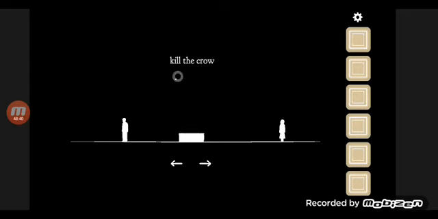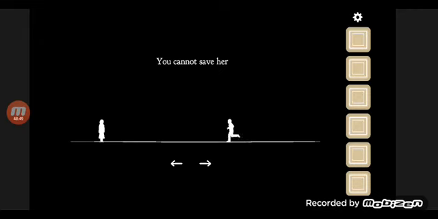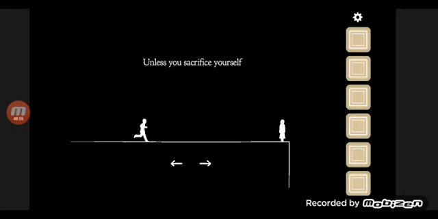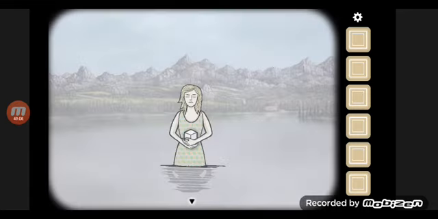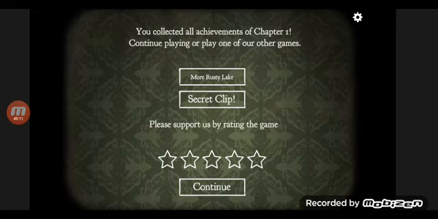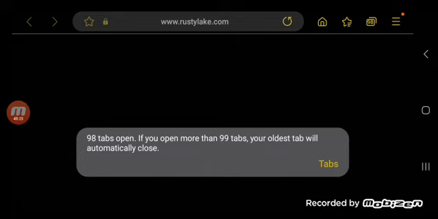Kill the crow. You cannot save her. Unless you sacrifice yourself. The lake will be grateful. Sleep.